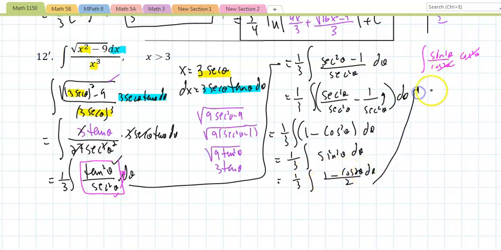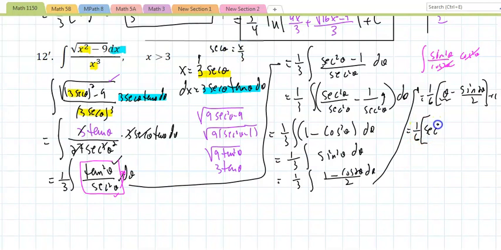So, this is 1 over 6 times theta minus the sine of 2 theta divided by 2, plus c. Well, guess what? I need to go back to x. This is easy because I could say secant of theta equals x over 3. This is the secant inverse of x over 3.